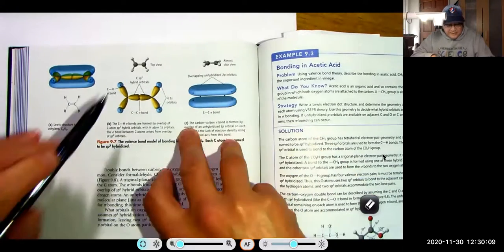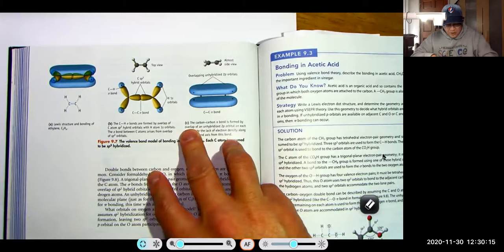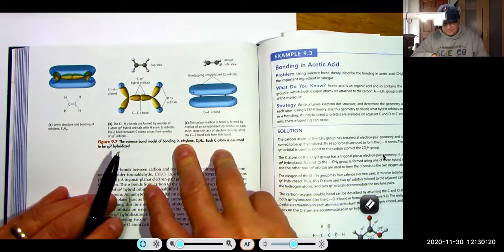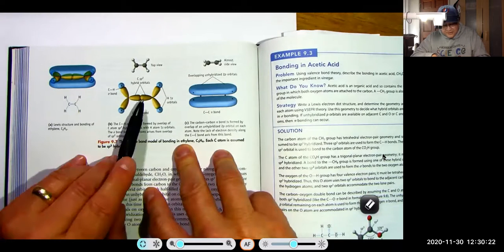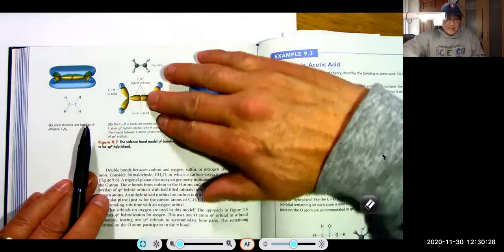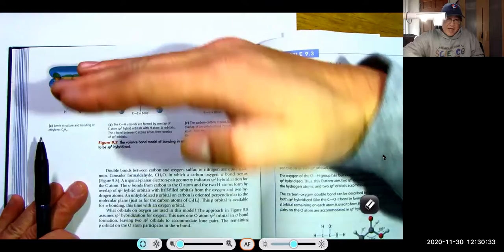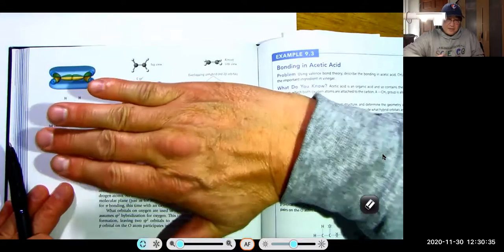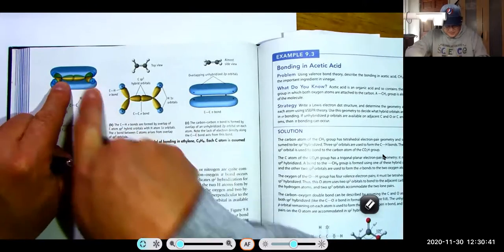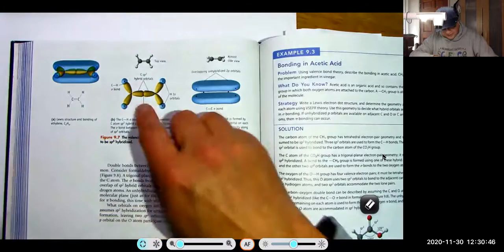And each one of these has three pairs, so it's sp2 hybridized, which means that the hybrid orbitals are going to look like these triangles here. And here, this is a sigma bond because it's a head-to-head overlap. Now, if we take this guy here and we tilt it like this, so that instead of being flat on the paper, it's kind of perpendicular to the paper, we have this drawing here. So if we tilt this, I'm going to go ahead and draw in my book, I'm going to draw this tilted.